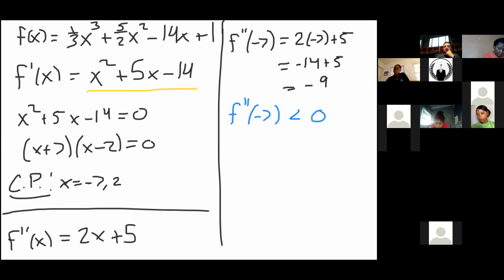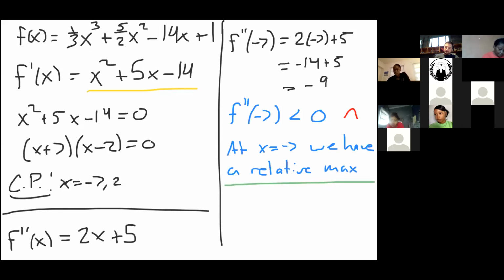Thank you, Shanice, for putting it in chat. So remember that negative means I'm concave down. My cavity is facing downwards. Thus, if I keep that shape in my head at all times, this means at x equals negative 7, we have a relative max.